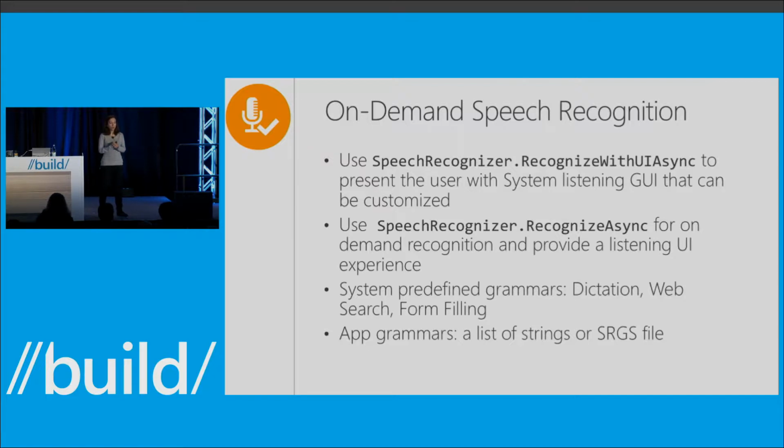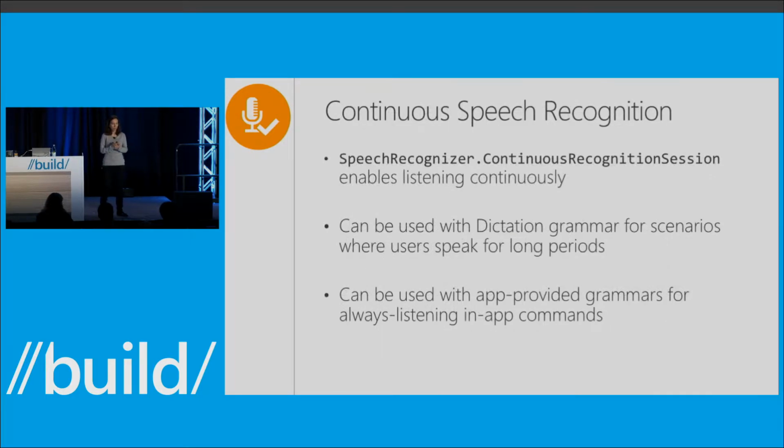So when you use these APIs with the system predefined grammars, keep in mind that your device will have to be connected to the internet to have access to the service in the cloud. You can also provide your own grammars, your own set of words to be recognized, as a list of strings or as an SRGS file. In that case, the recognition happens on device, and the device doesn't have to be connected to the internet.